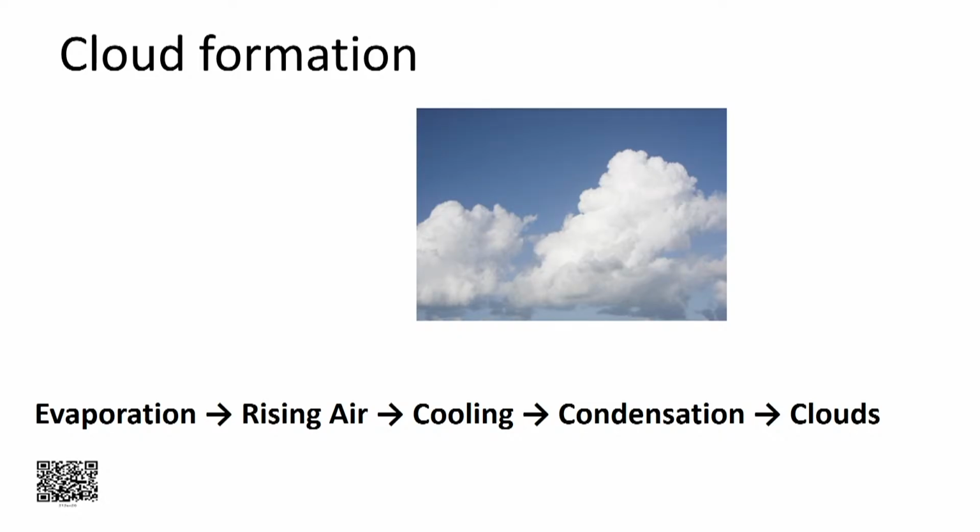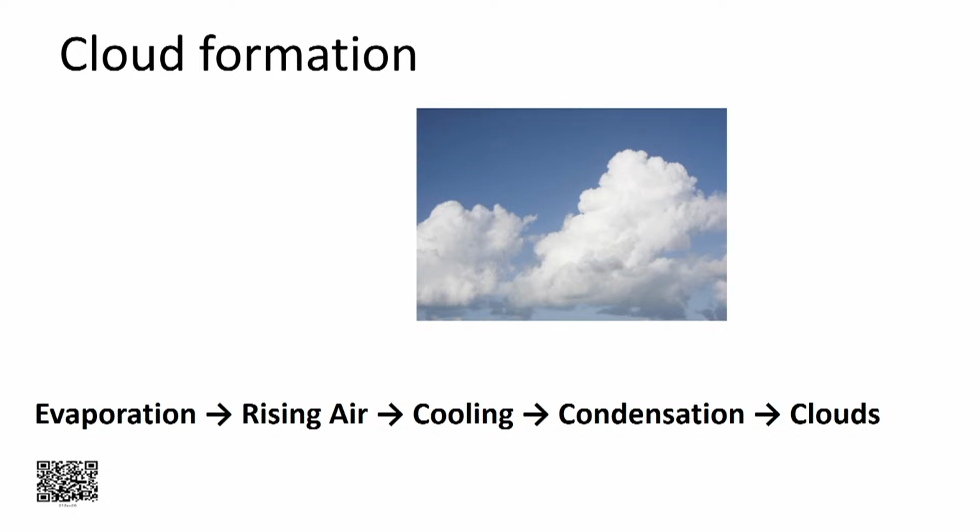When the air cools to its dew point, water vapor condenses into tiny droplets. These droplets form around microscopic particles like dust, pollen or salt, called condensation nuclei. Then clouds form. Millions of these droplets cluster together, becoming visible as cloud.